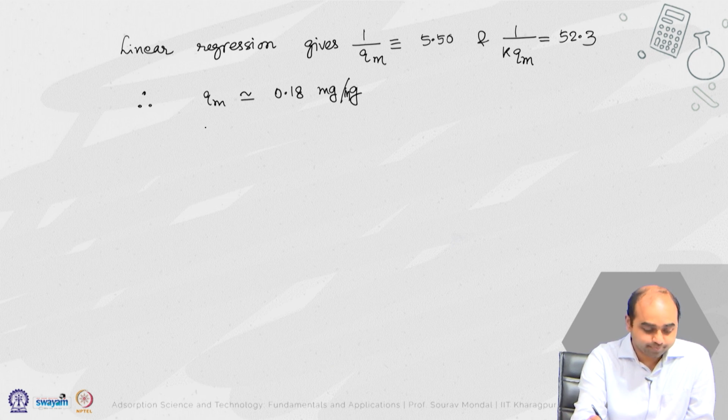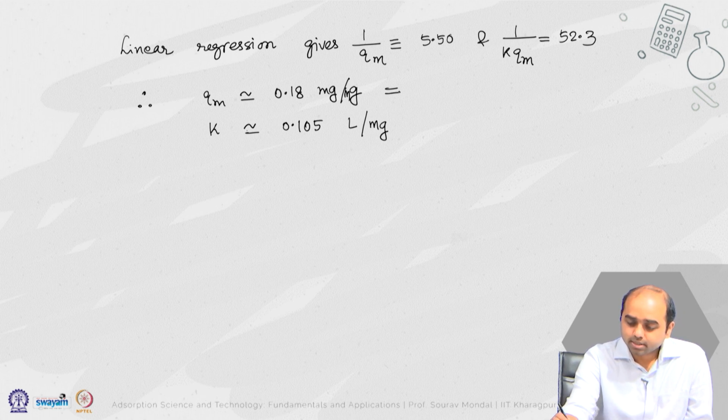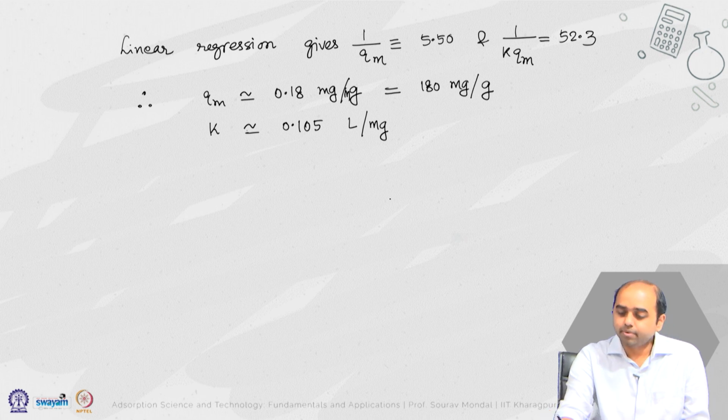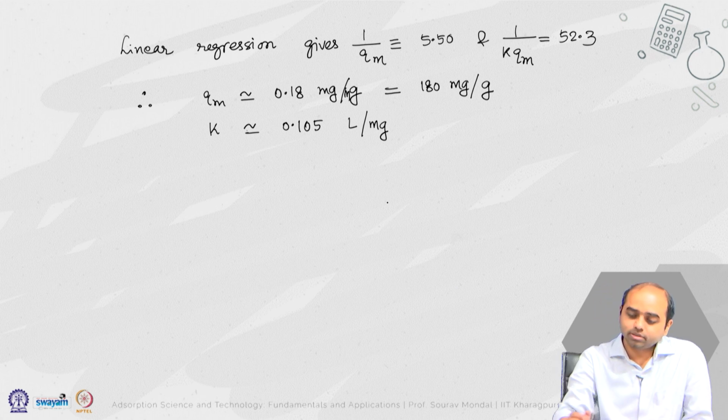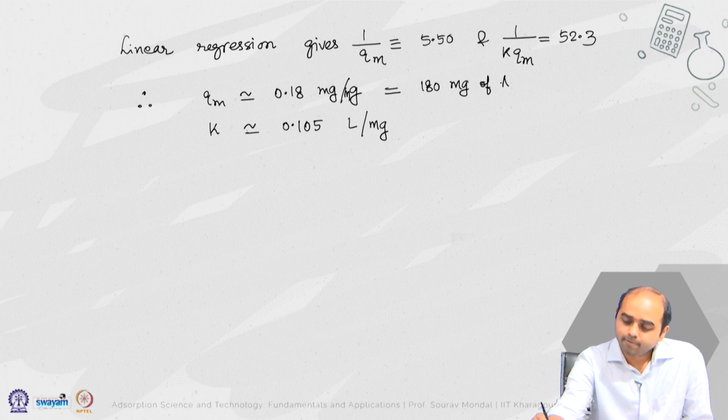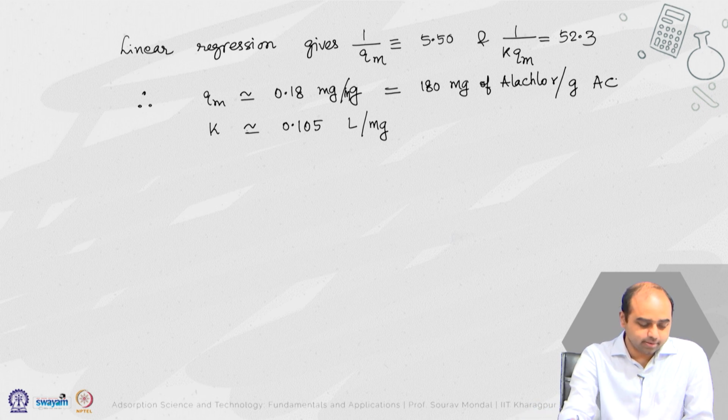So, from there you can work out that Qm is approximately 0.18 gram per gram, that is 180 milligrams per gram of the adsorbent, and this constant K is 0.105 liters per milligram. This is milligrams of Alachlor per gram of activated carbon.